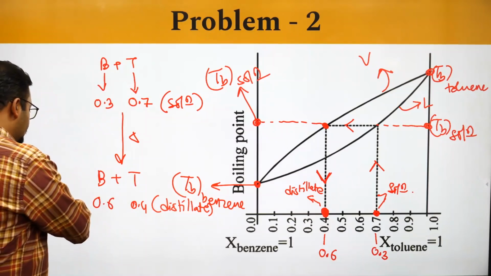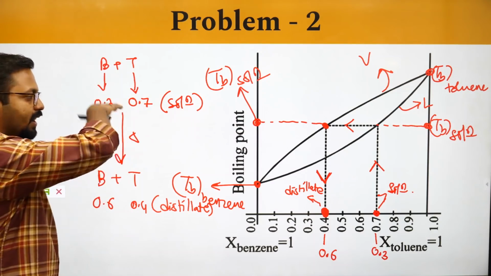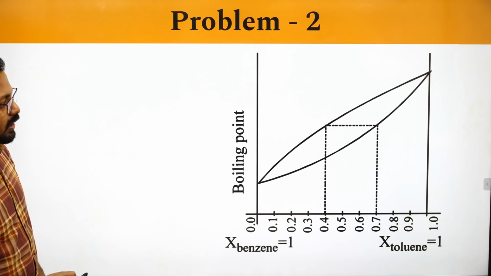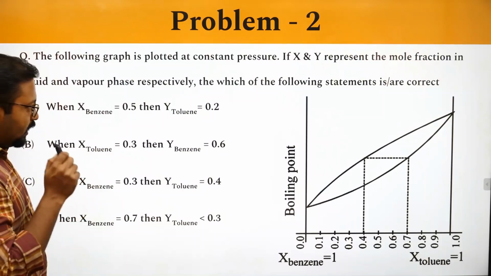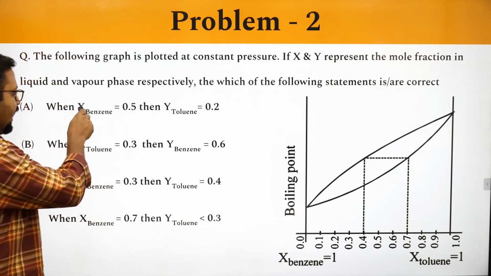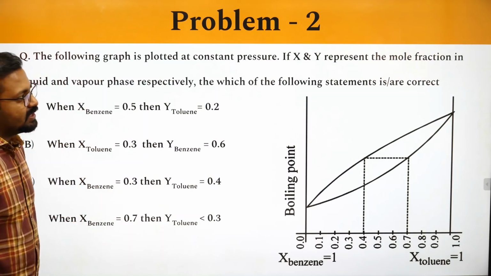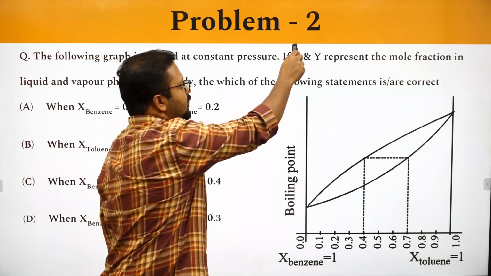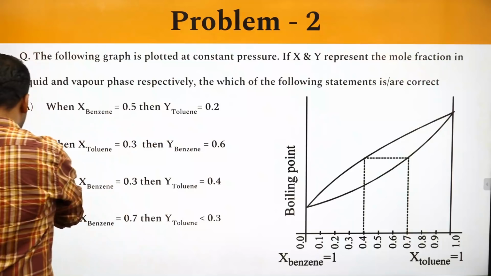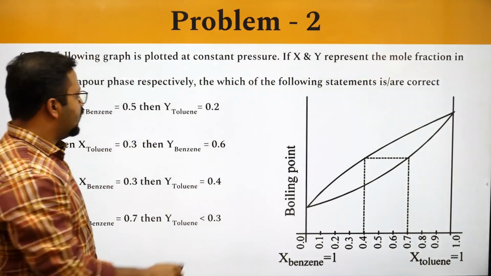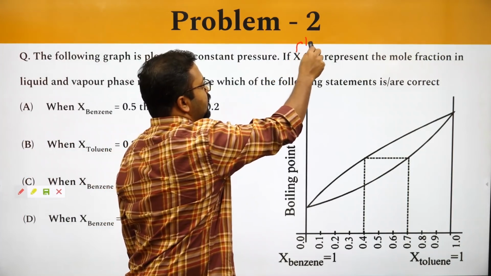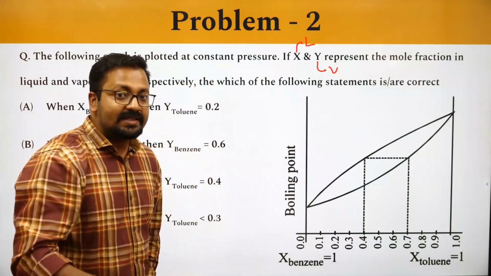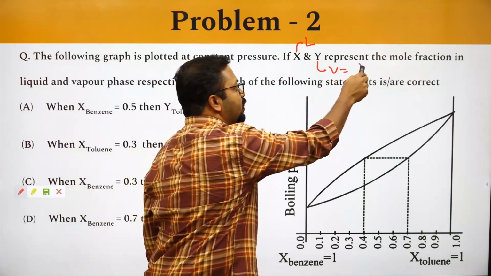Let's try to work out the problem by looking at what was asked in the question. So question में पूछा क्या गया है? So in the question it is asked, when X benzene, X represents mole fraction in liquid, Y represents vapor, and vapor को कंडेंस कराया गया तो इसका मतलब ये डिस्टिलेट ही हो गया.